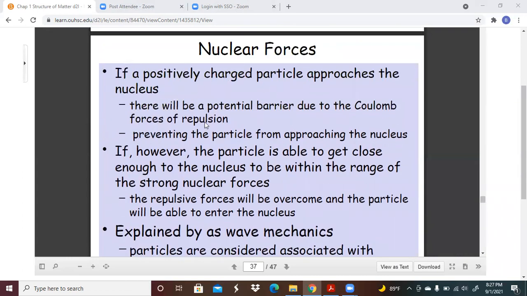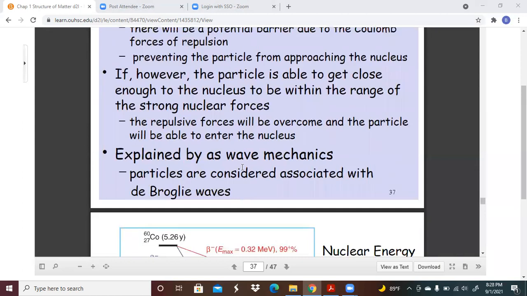In other words, the electrostatic is going to try to push it away, but the strong nuclear force may say, well, all right, fine, we'll all stick together. So the repulsive forces here are going to be overcome, and the particle is going to be able to enter the nucleus. This process is going to be described by wave mechanics. And these are particles that are considered associated with de Broglie waves.